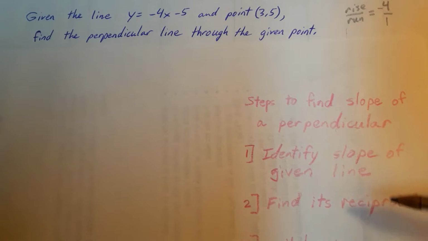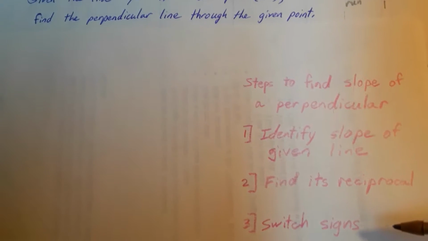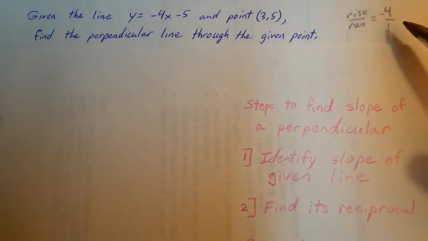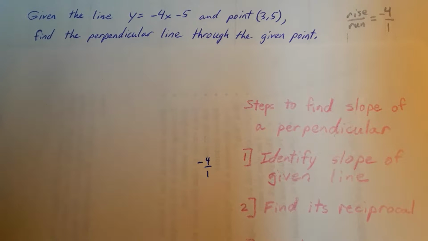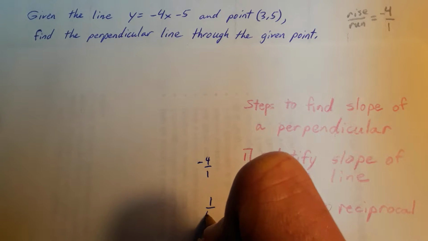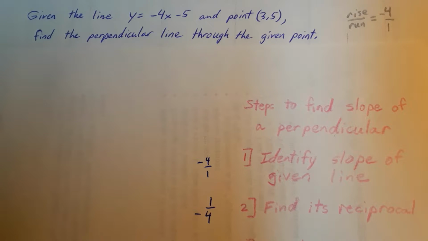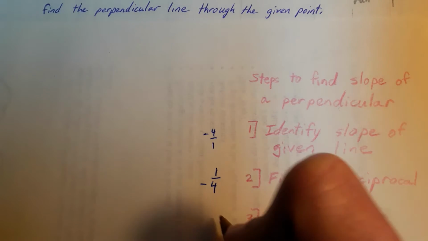I'm then going to find the reciprocal of that slope, and then I'm going to switch signs. So I had already found my original slope was -4 over 1. And then step 2, I'm going to find its reciprocal. And then I am going to switch signs on that.